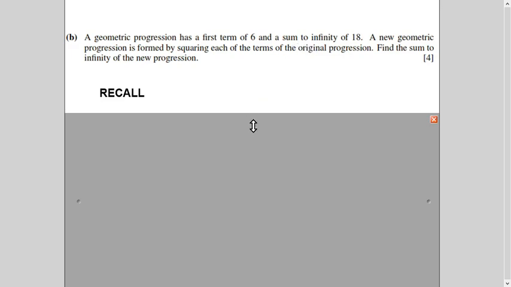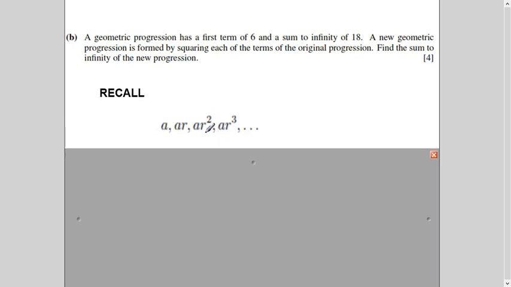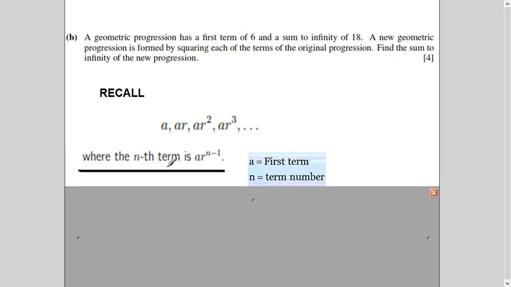So let's recall a few formulae first. Now this is the general sequence of the geometric progression: A, AR, AR square, AR cube. So basically, if I say nth term, it is AR^(n-1). Because you see, this is the first term, second term, third term, fourth term.